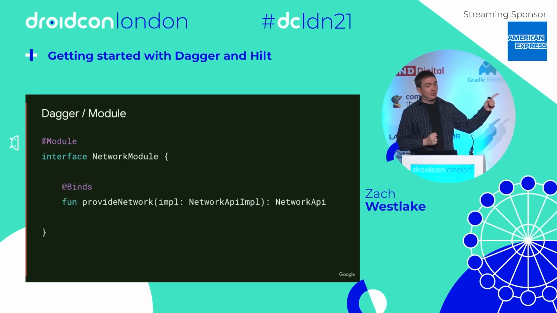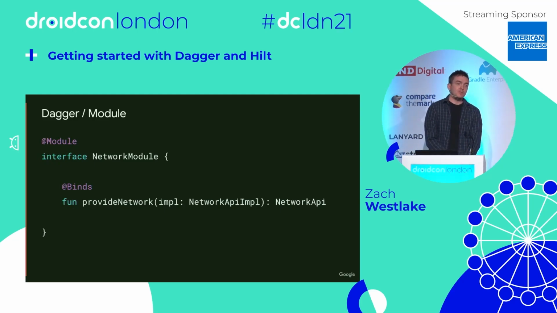In this case, I have an implementation of the network API, and I tell Dagger, every time I ask for this network API, give me this implementation. So you can think of modules sort of like a recipe book, with all the different recipes for how to create things and find things that it might look for. Also, if you were looking for resources, you don't create resources, the framework does. So you would want to tell Dagger how to look up resources, maybe using a context or something like that.